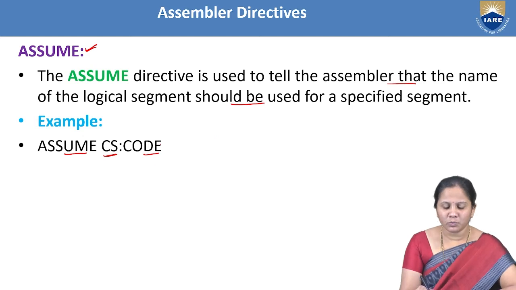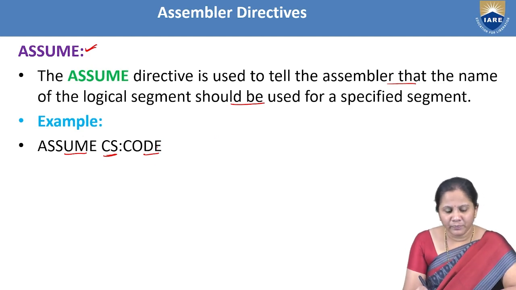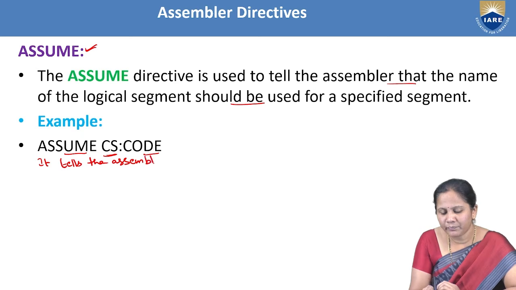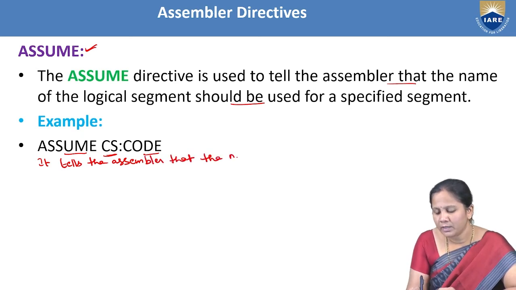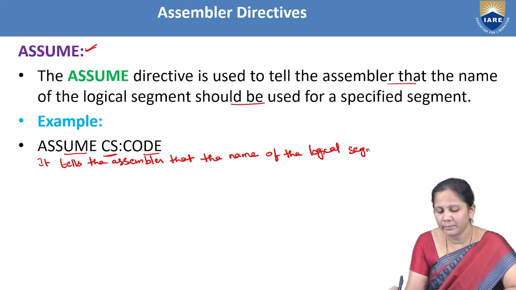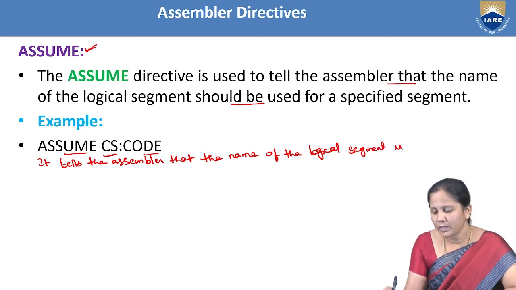So ASSUME CS colon CODE tells the assembler that the name of the logical segment is CODE.